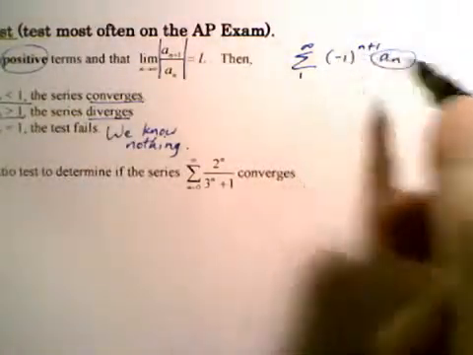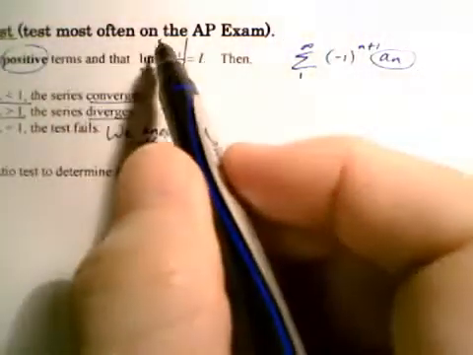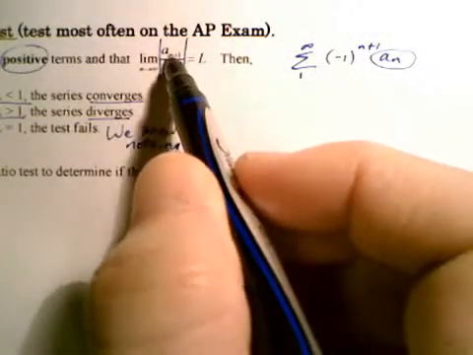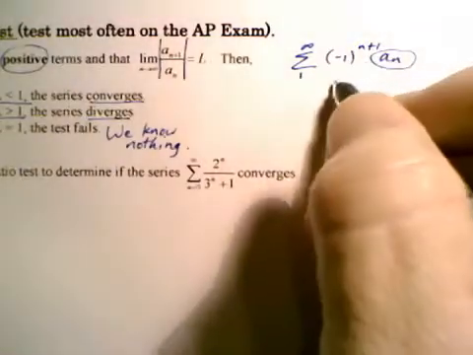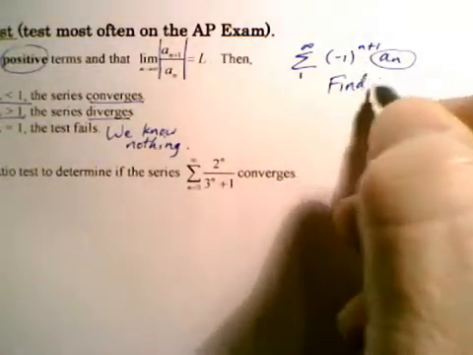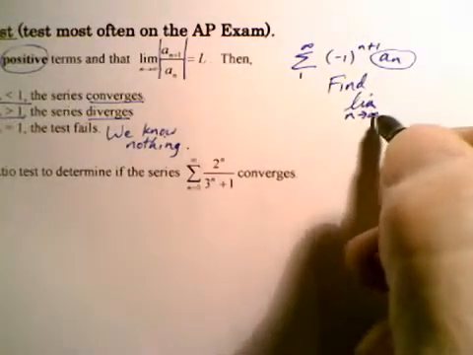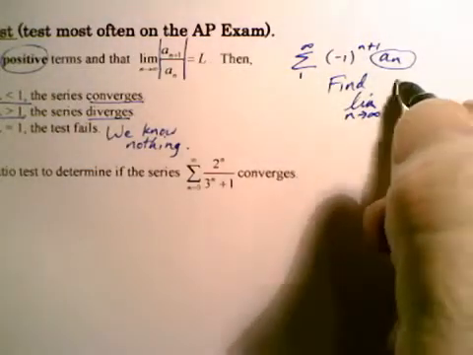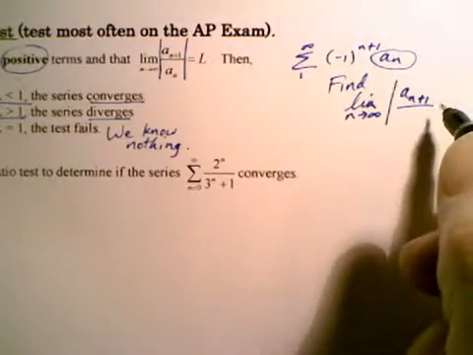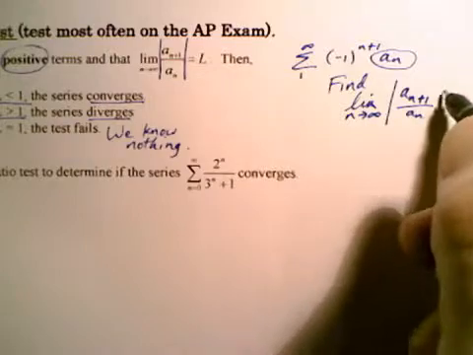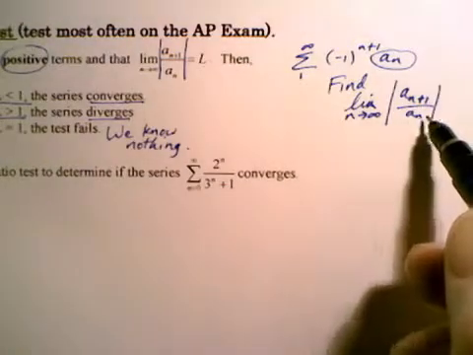You don't have to worry about the negative parts and what to do with that, because when you take the absolute value of any negative number, it's going to end up being positive anyway. And so what you're going to be doing here is finding the limit as n approaches infinity of the absolute value of a sub n plus 1 divided by a sub n.